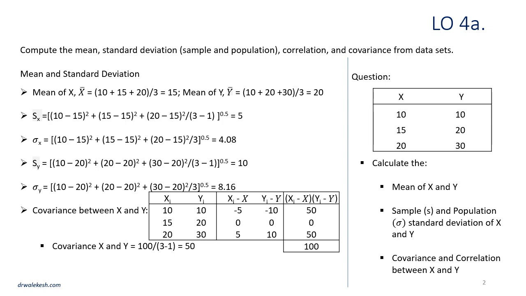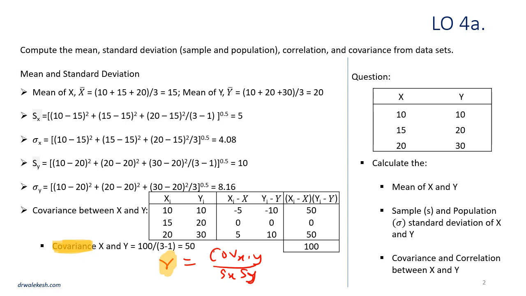To compute correlation, correlation r is covariance of x against y, all over standard deviation of x times standard deviation of y. In case you are struggling with this, a better way to recall this formula is to note that covariance is unstandardized. It could assume any number, but correlation is standardized.